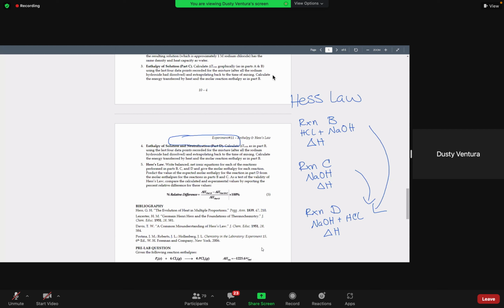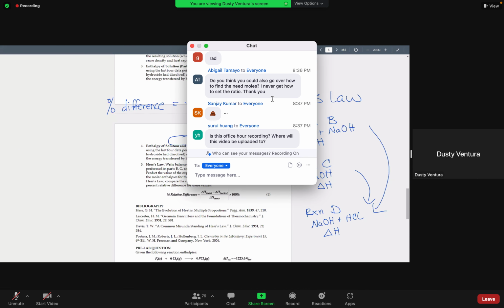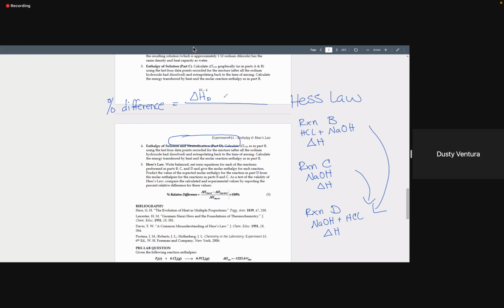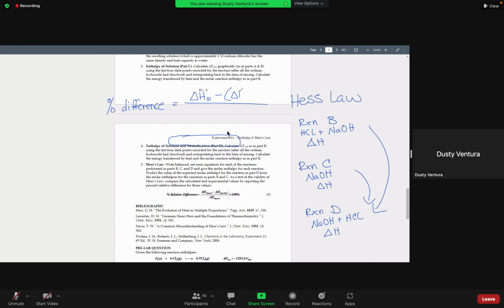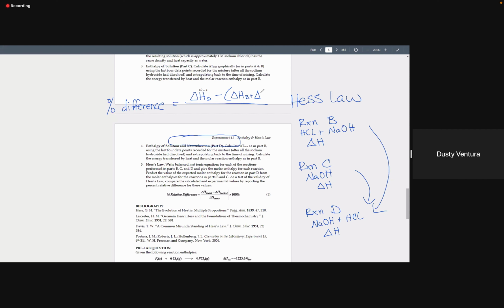So percent difference for every reaction is going to be delta H from reaction D minus delta H from reaction B plus reaction C, divided by delta H from reaction D, times 100. Because B and C should equal D. So it's like you're trying to find a percent error of Hess's law.